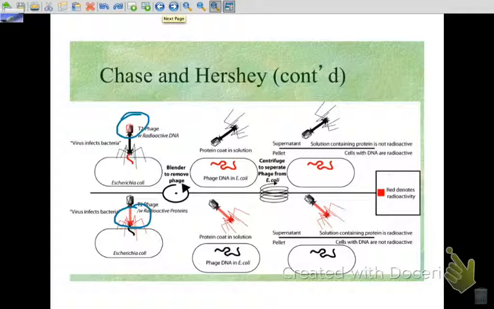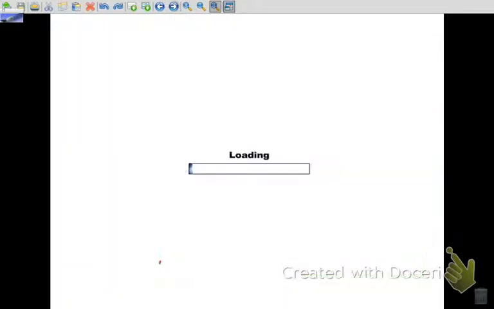So this top cell was the radioactive one, and that was the radioactive DNA that was injected. With the radioactive protein on the bottom, this cell did not become radioactive, so we know that the protein did not inject anything in.